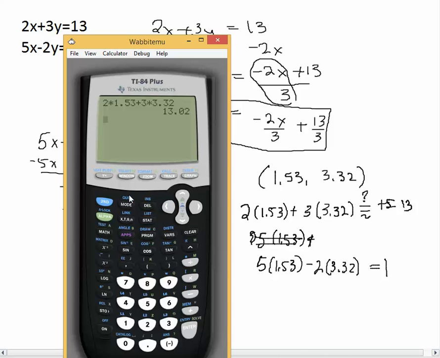So again, we'll pull up our calculator and test it out. 5 times 1.53 minus 2 times 3.32, and that gives us approximately 1. And so that verifies that that is the solution to our equation.